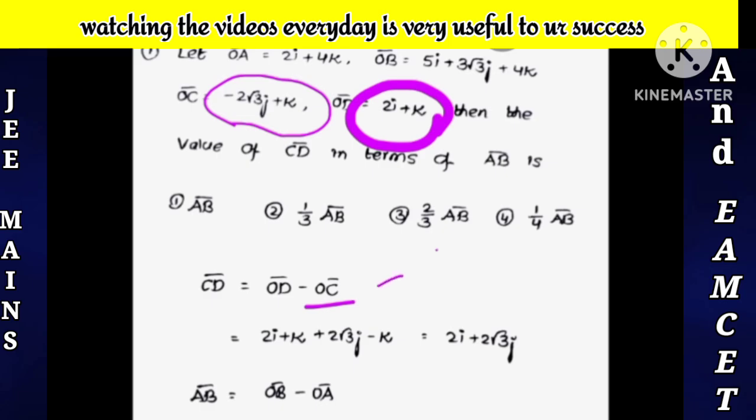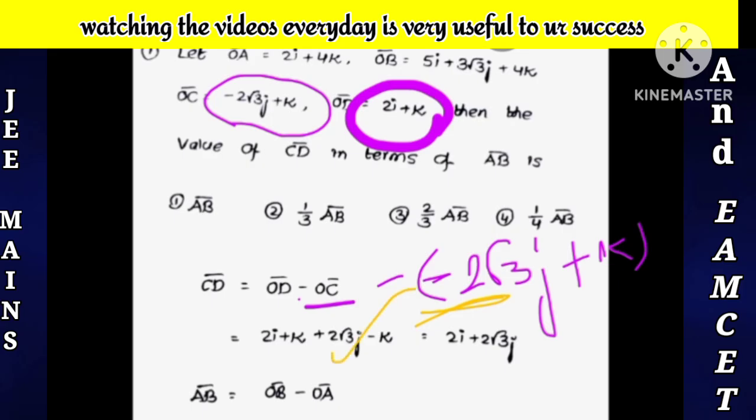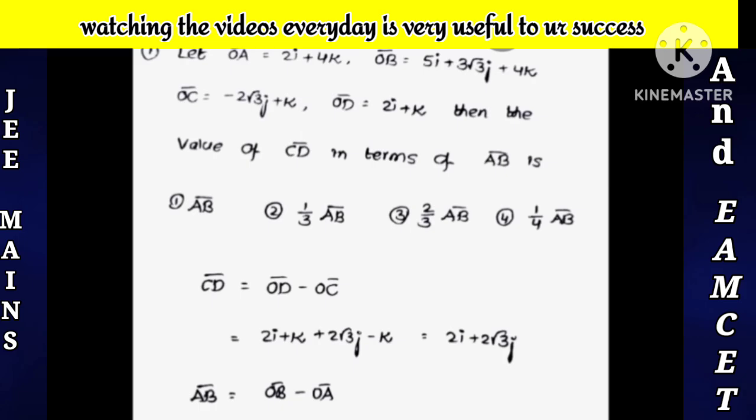So minus of OC bar, apply this minus to these values, then you get plus 2 root 3 j, and minus k. Now take the simplification. Plus k minus k gets cancelled, so the remaining is only 2i plus 2 root 3 j. So this is the value of CD bar.